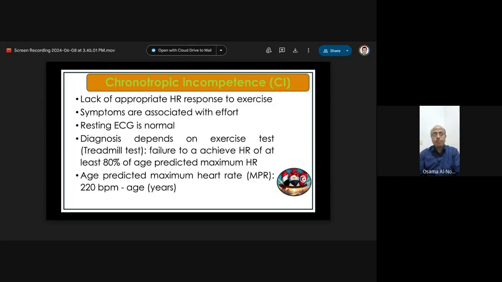The resting ECG is normal, and the diagnosis is made by treadmill test. How to calculate the age predicted maximum heart rate? The following: 220 beats per minute minus age in years.